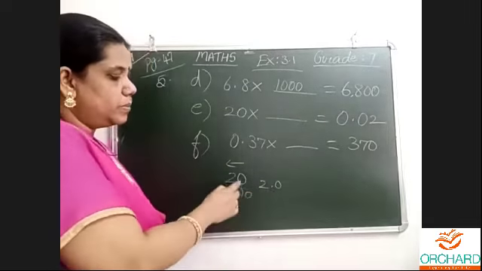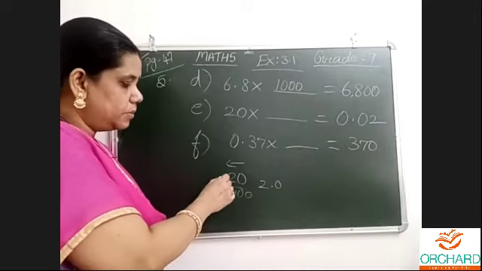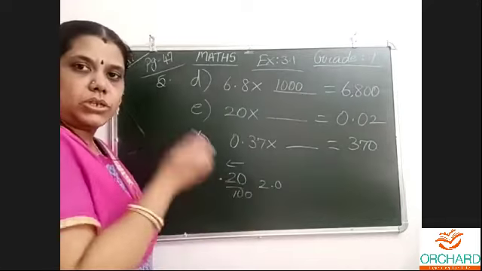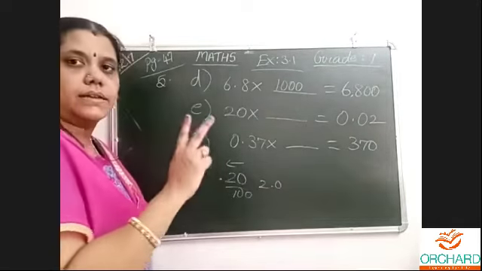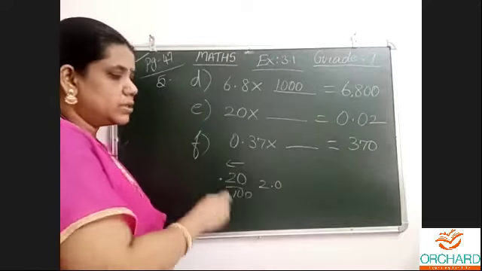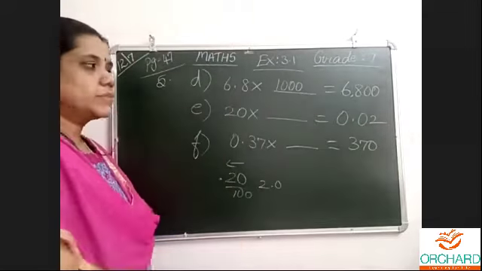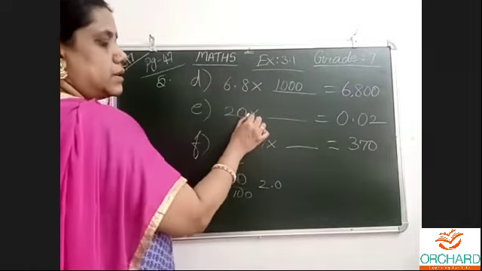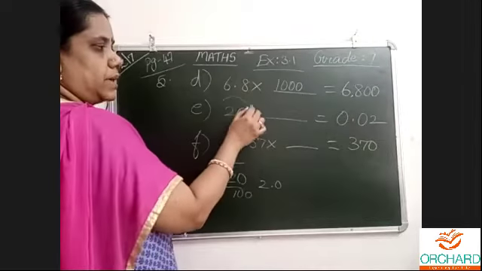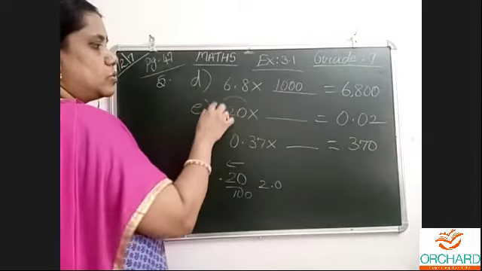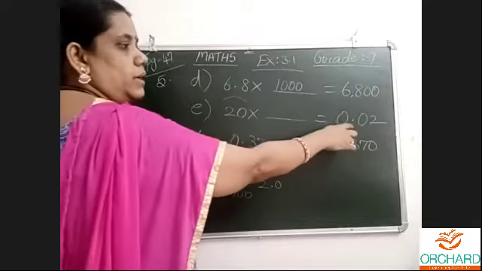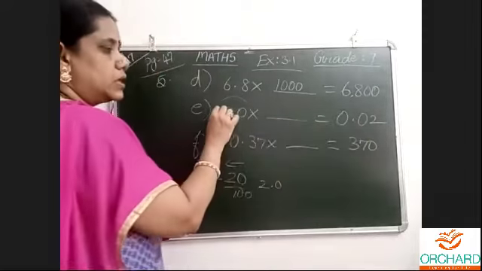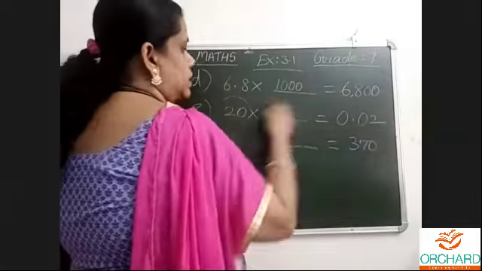So, when we divide by 100, the point will move 2 places. For 1000, 3 places. Now, we have seen that the point from the last has moved: 1, 2, 3, 3 jumps. So only a 0 is here. 0.020.